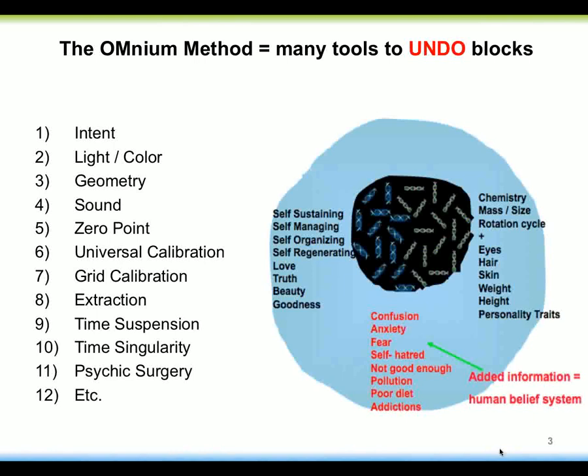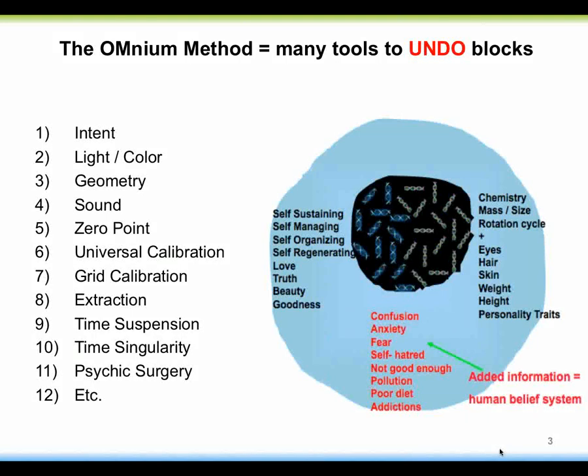And even if I worked with the same person the next day, that particular block or another block, it was more appropriate to use intent or geometry or something else. So the bottom line is, if you are truly in tune with each person at that particular time, basically doing everything live and not just doing a one-size-fits-all type of method, then you will realize that the best way to go back to the root cause is going to require different methods with different people at different times.